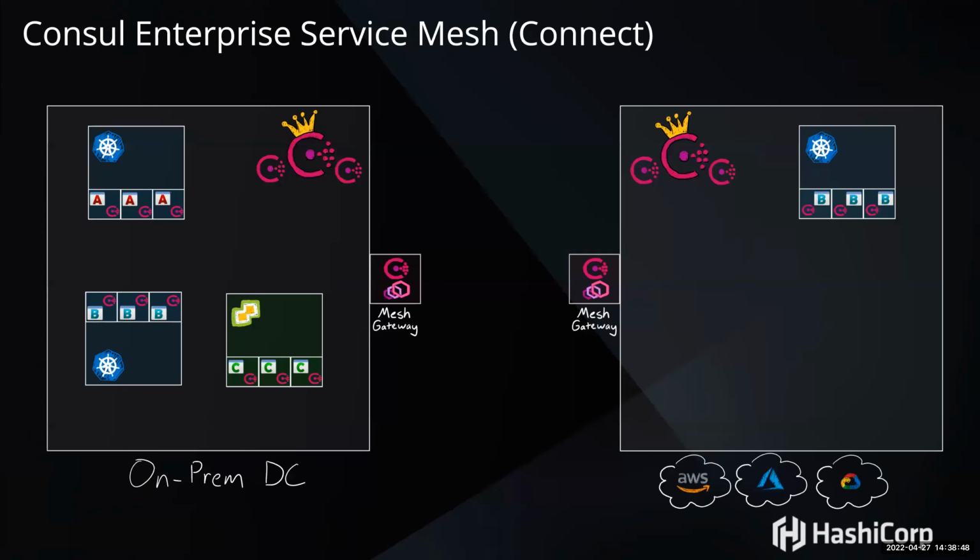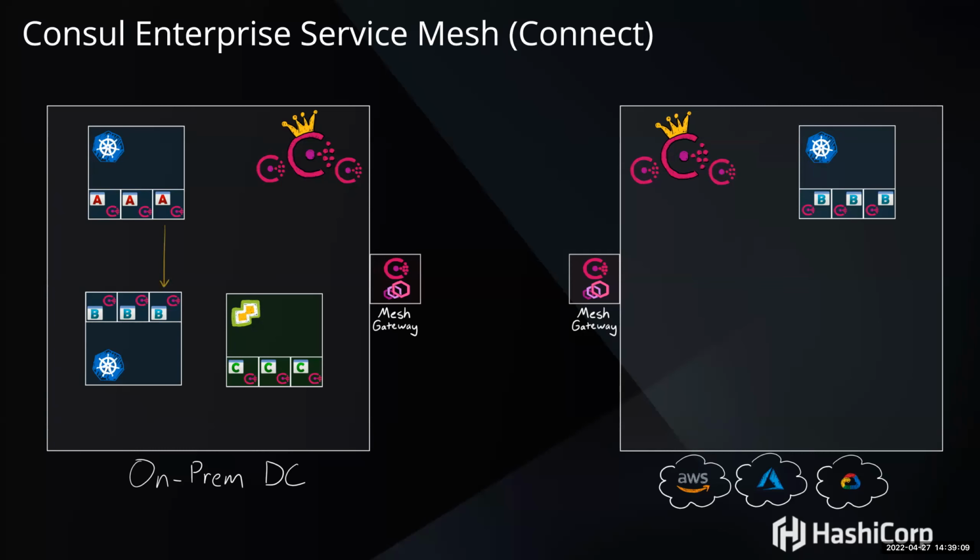So a couple more slides here on the mesh gateway capabilities, right? We briefly glanced over the functionality that you can have multiple data centers that are linked to each other. In this scenario, let's say we have two kube clusters in my left on-prem data center. A and B are the services running on it.